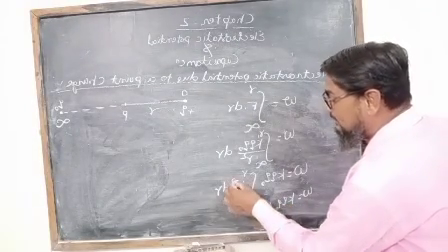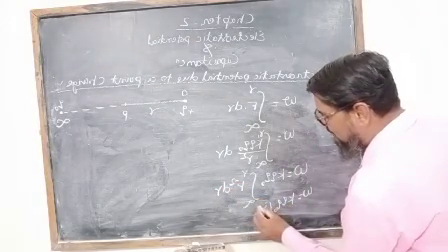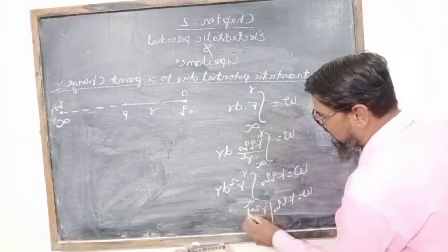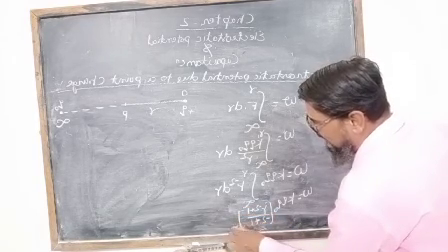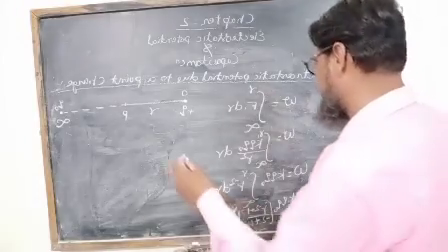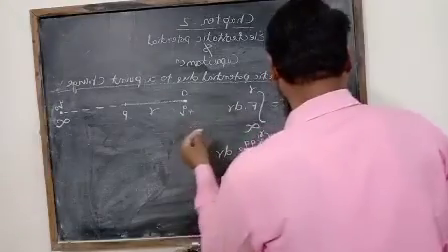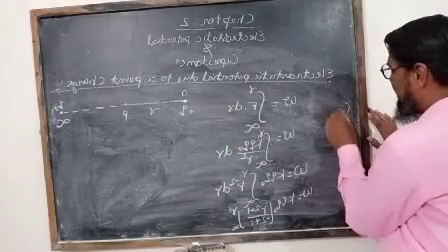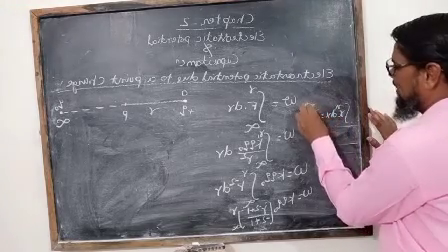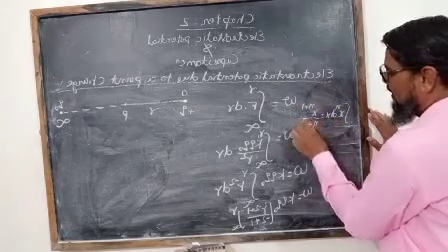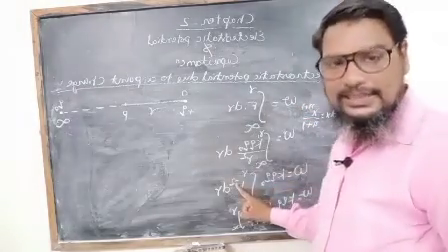The integration of r power minus 2 is r power minus 2 plus 1 upon minus 2 plus 1, from infinity to r, because the formula for integration of x power n dx is x power n plus 1 upon n plus 1. Here n is equal to minus 2.